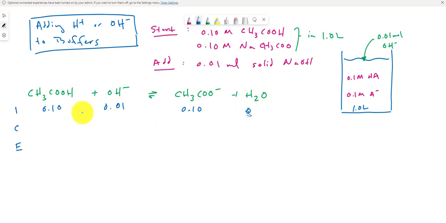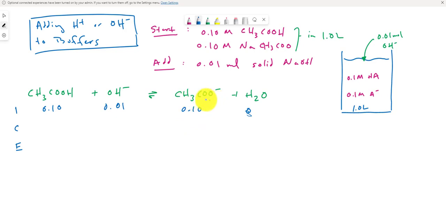And so the change is going to be what happens after that time 0, after these things are allowed to react. We've already determined that a weak acid and a strong base have very large neutralization equilibrium constants, or Kn. So we know this is going to proceed stoichiometrically. And so what's going to happen is this hydroxide is going to react with the weak acid, and it's going to produce equivalent amounts of the CH3COO-.